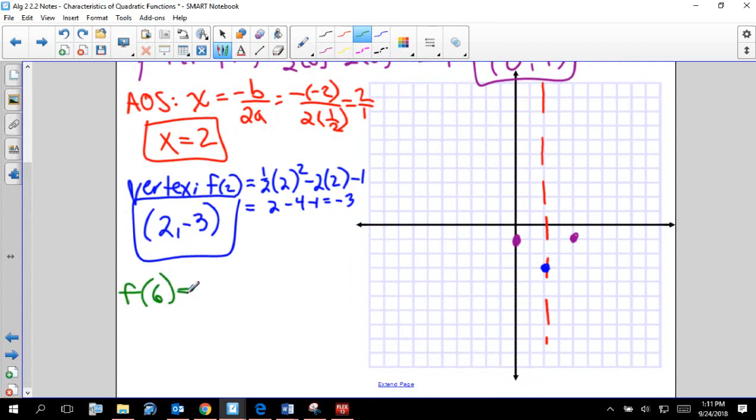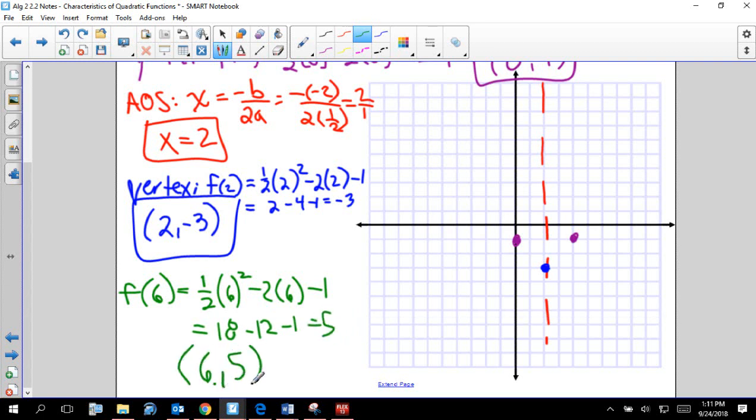But like I said, you can plug in whatever you choose. It's 1/2 times 6 squared minus 2 times 6 minus 1. So half of 36 is 18, minus 12, minus 1 is 5. So I get 6, 5, and there's a mirror to that one.